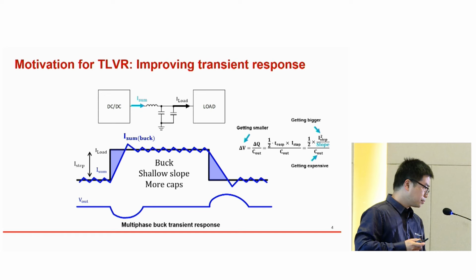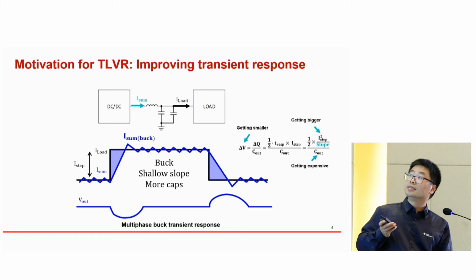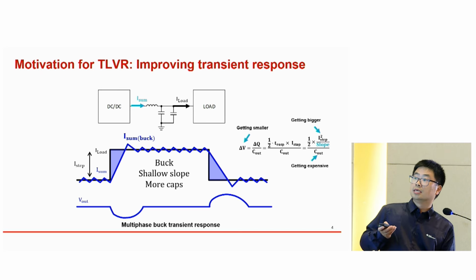In this equation, we can see the relationship between the output deviation voltage, the I step, the Cout, the output capacitor, and also the slope.